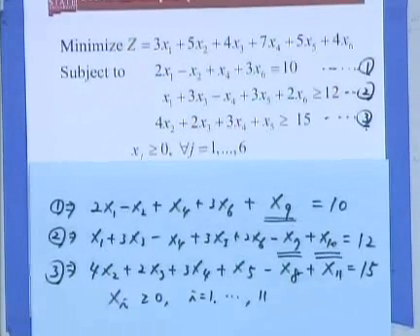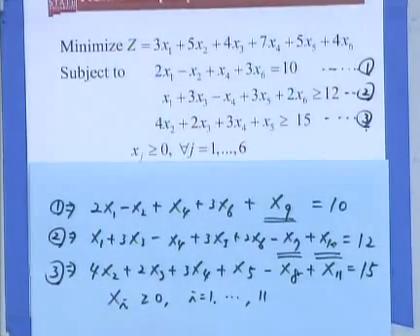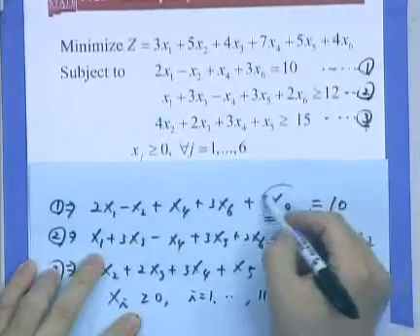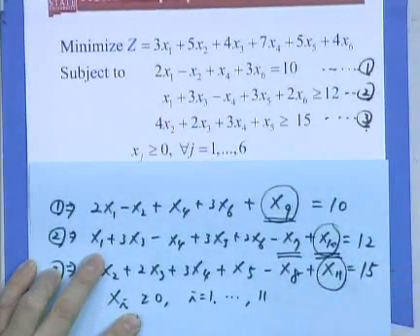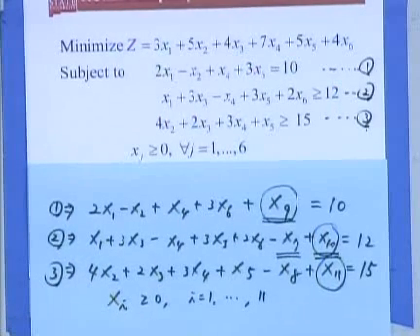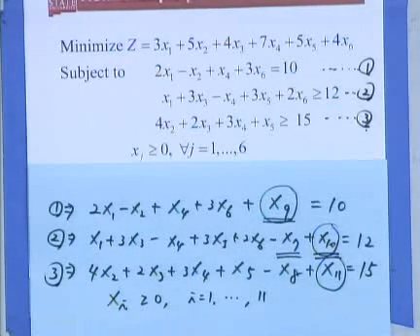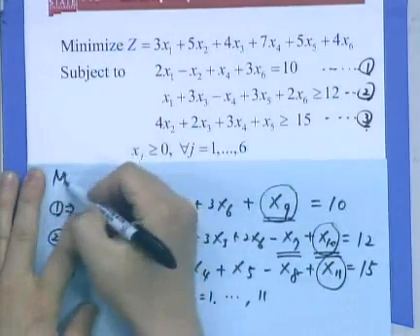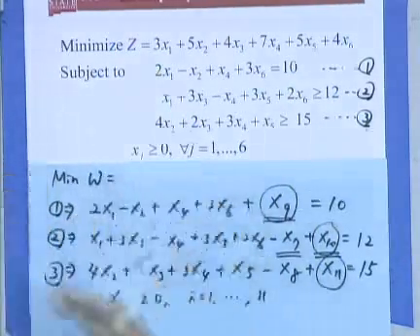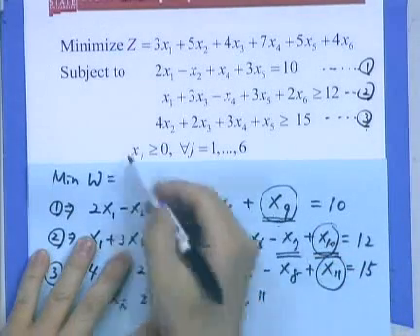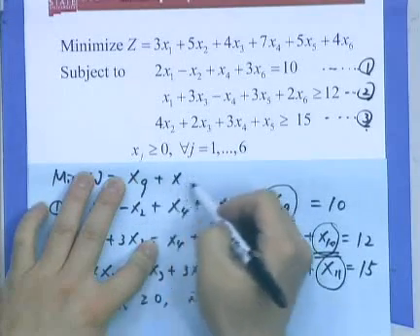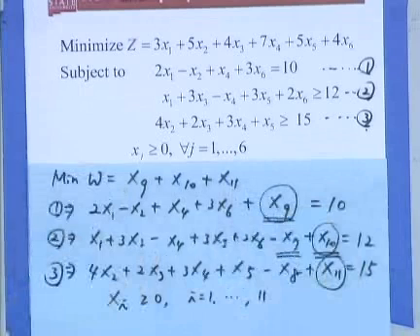And we need to find a basic solution which has all the artificial variable, which is x9 equals x10 equals x11 equals 0. That's why we should introduce phase 1 objective, which is W. That is the minimizing the sum of all these three artificial variables, right? x9, x10, and x11, right?